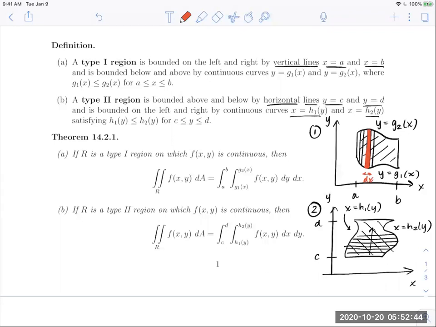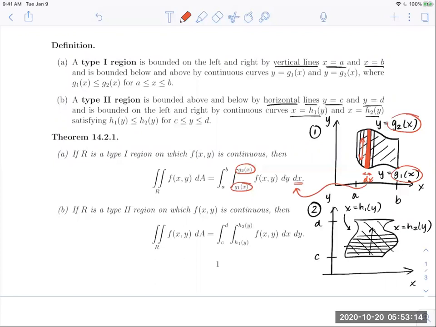Now, when I look at the height from top to bottom, that's where it starts getting interesting. The top is governed by G2 of x, the bottom is governed by G1 of x. So you'll see those values here in the inner integral for those limits of integration. And then that thickness is always at the end of your integral. So you'll notice that dx thickness occurs here.